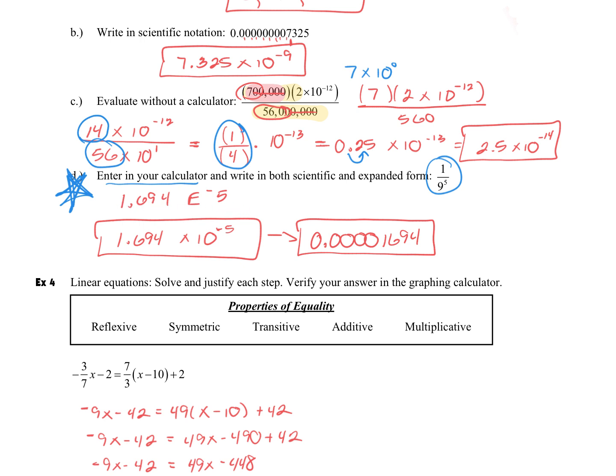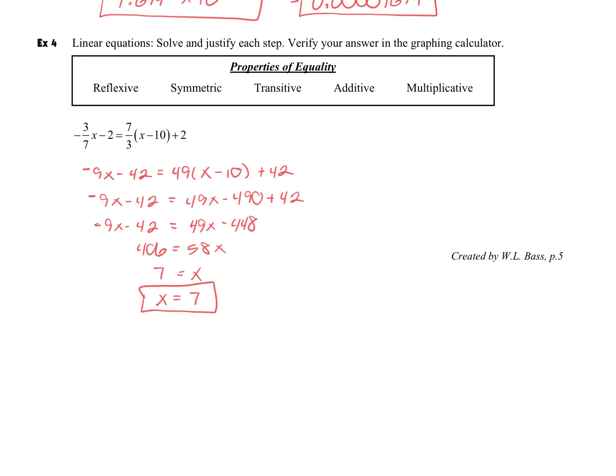So when we want to write our answer in scientific notation, that part stays the same, and then we need to write the 10 to the negative 5th, so times 10 to the negative 5th. The last part is exactly what we did up here, and we're just switching it back to what we call the expanded form.